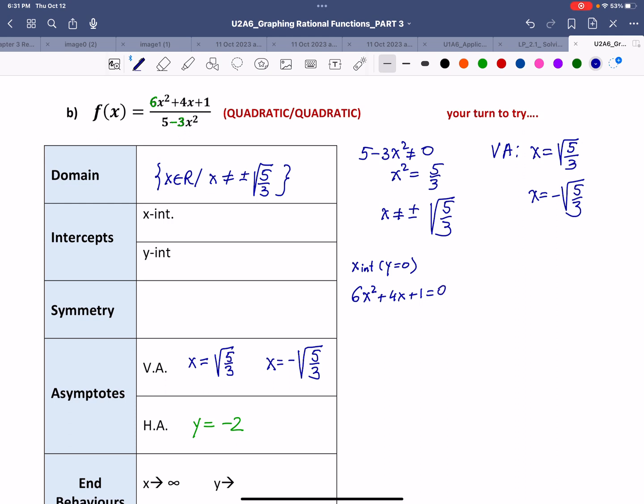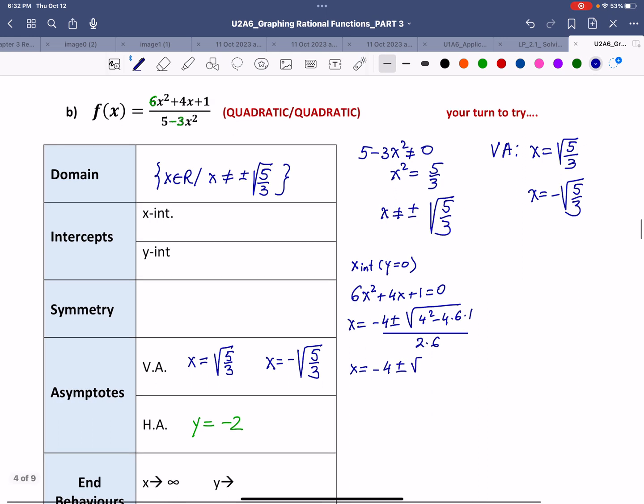Now, I don't see this being factorable, so I will try the quadratic formula. So x equals negative 4 plus or minus the square root of 4 squared minus 4 times a, which is 6, times c, which is 1, divided by 2 times 6. As you can see here, we obtain a negative discriminant, because 16 minus 24 equals negative 8.